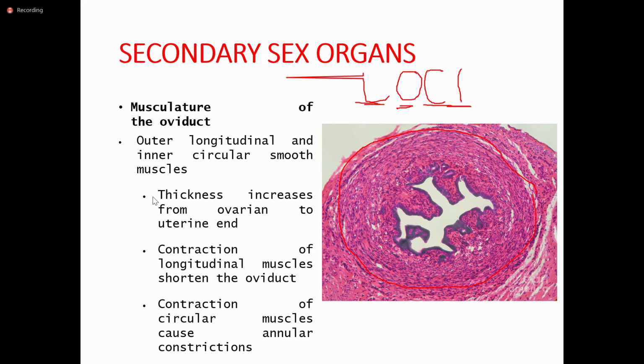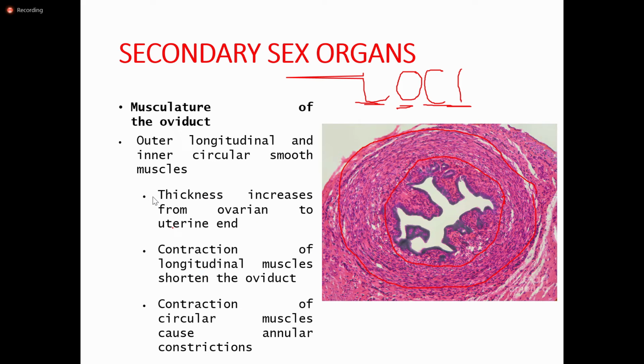Kaya kapag nag-contract ang outer muscle, the length of the oviduct will be shortened. Iigsi siya. In comparison to the inner na circular, kapag nag-contract ito or nagkaroon ng muscle contraction, the diameter of the oviduct will be lessened or liliit.